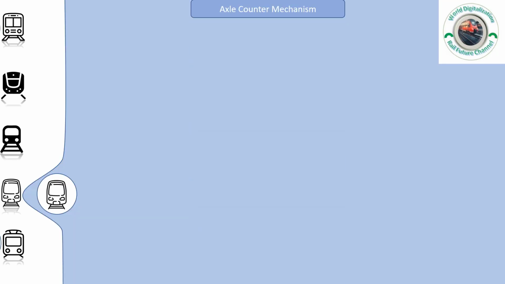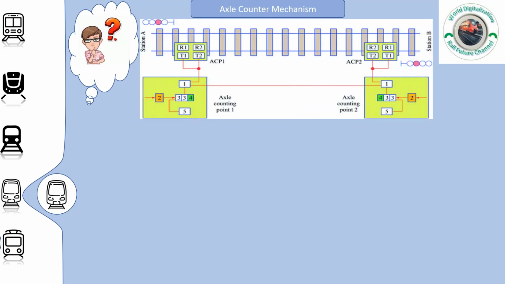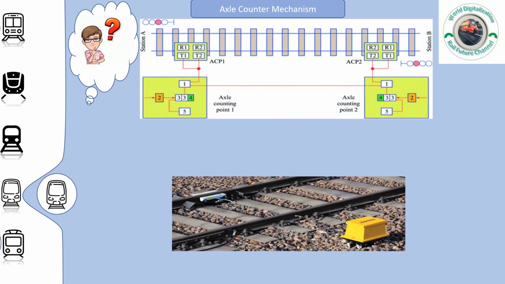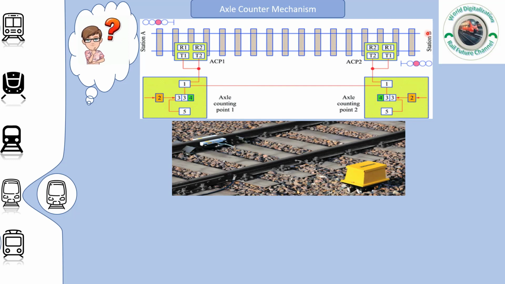Axle counter mechanism. What does axle counter mechanism mean? Let's start with these two pictures. The first picture illustrates the arrangement of the axle counter system on the track: axle counter system 1, axle counter system 2, and the coverage area between both systems, called the TVDS, or Track Vacancy Detection Section.